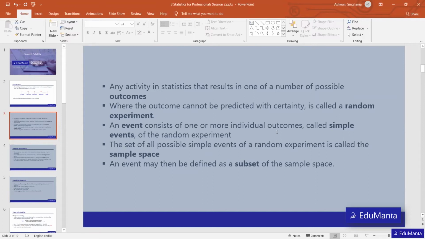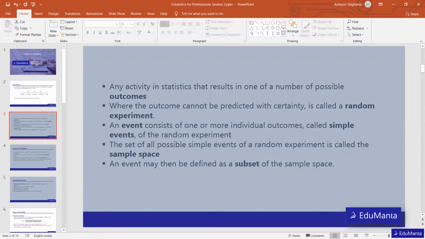Any random experiment is a collection of events, and the collection of all these events is called the sample space. For example, when we roll a dice, the only possible events are 1, 2, 3, 4, 5, 6, not 7, not 8, nothing else.